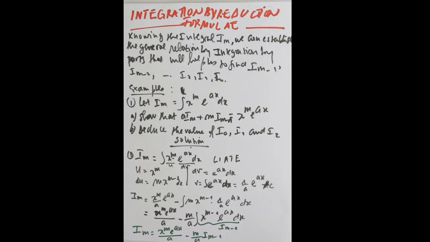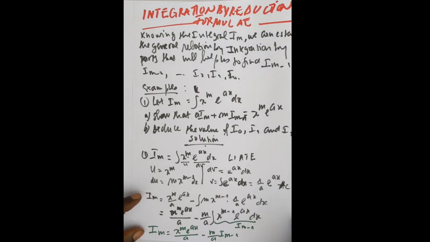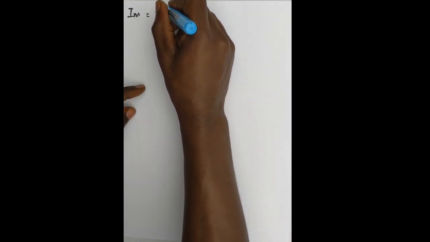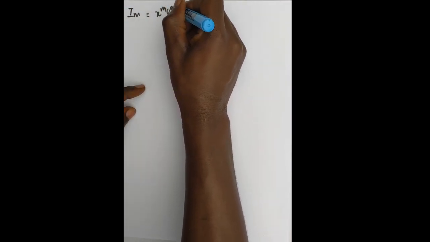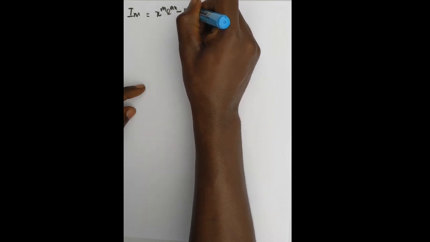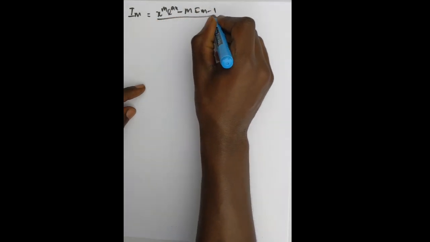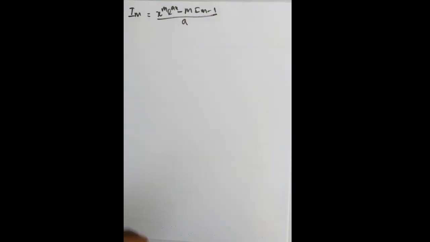So I can write Im equals x power m e power ax minus m Im-1, divided by a.